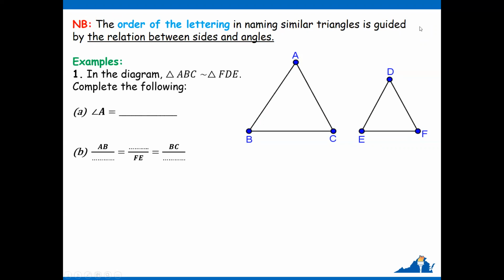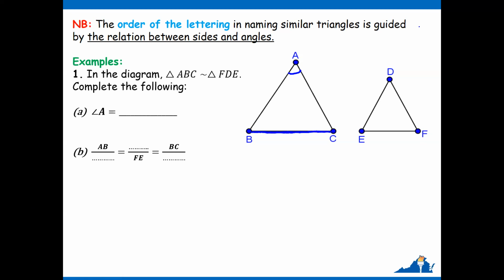Now, the task is, let us complete A. What is the angle equal to angle A? To do that, I have to identify in the diagram what my angle A is. This is angle A. And that angle A is opposite the side BC, right?